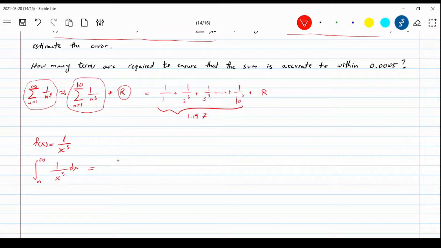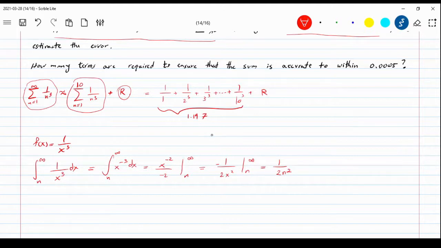It is the integral of x to the negative 3 dx from n to infinity, which is x to the negative 2 divided by negative 2 evaluated from n to infinity. This becomes negative 1 over 2x squared from n to infinity. If you replace infinity, you get 0 by taking the limit. So this becomes 1 over 2n squared.